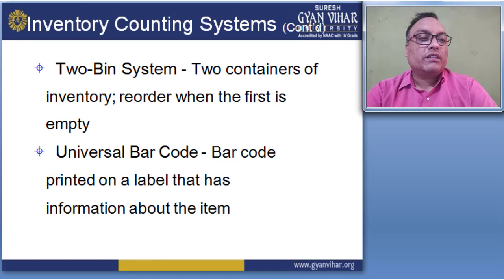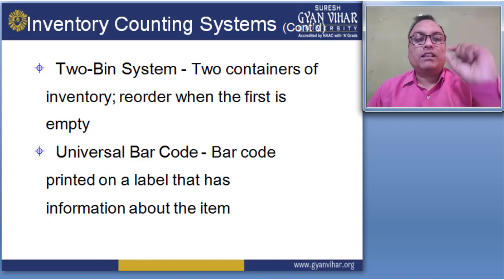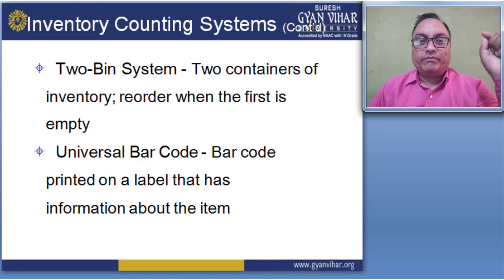And universal barcode is printed on a label that has information about the item, that gives the information about the items. Means barcode carries all information related to the item.